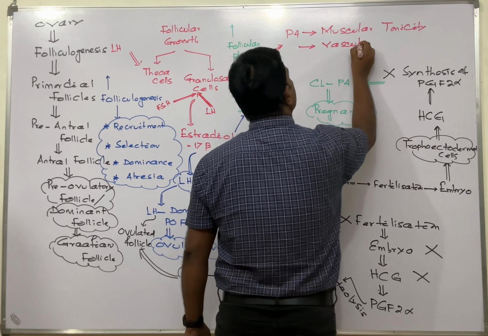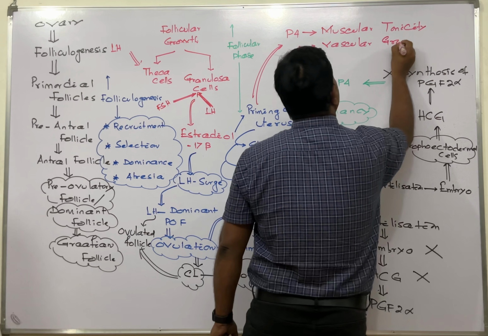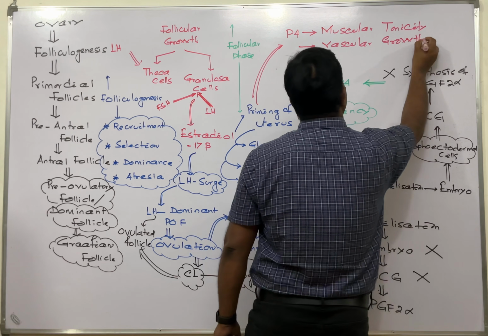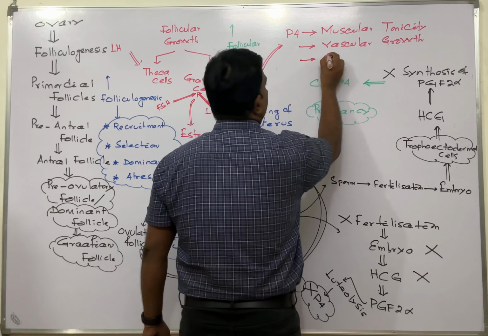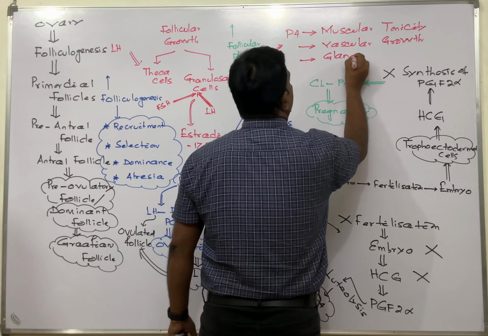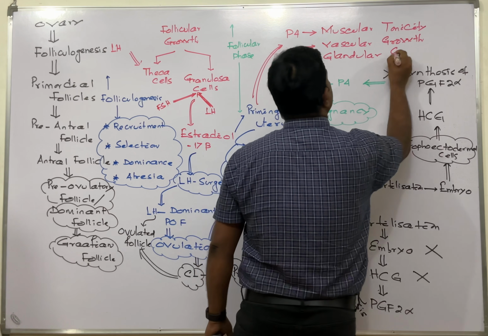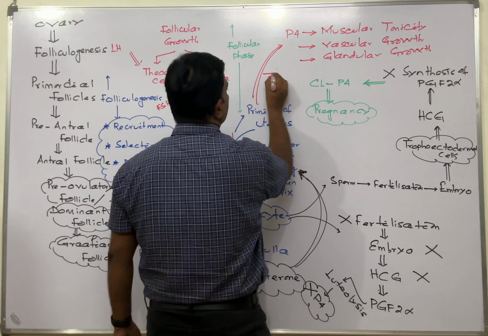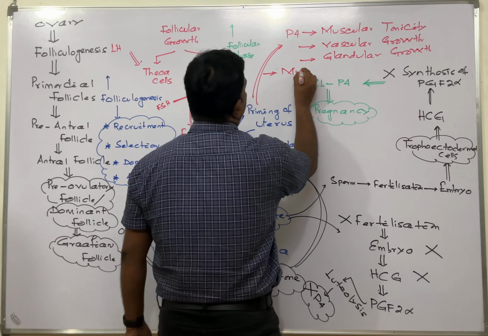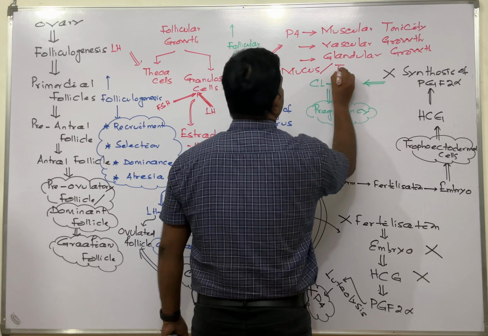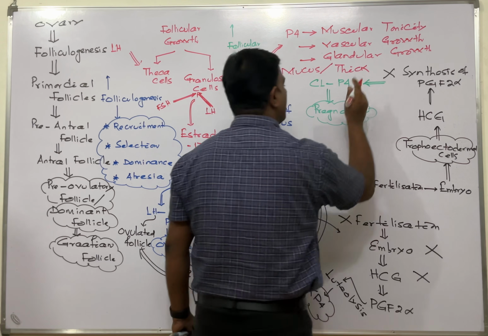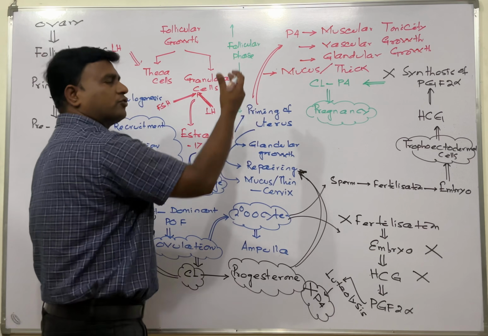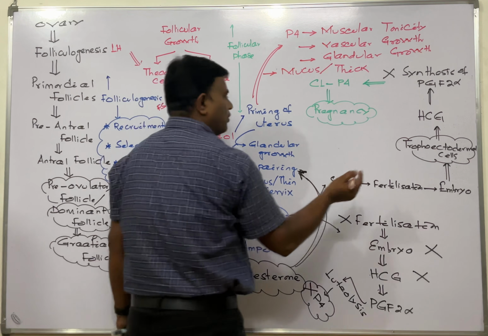Vascular growth: it regulates the coiling and spiraling of the arterioles. It causes glandular growth, which is very important. It causes thick mucus formation, so that except the embryo, none of the structures should enter the uterus.